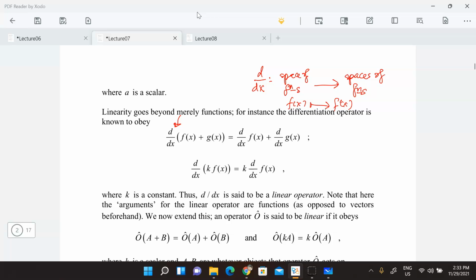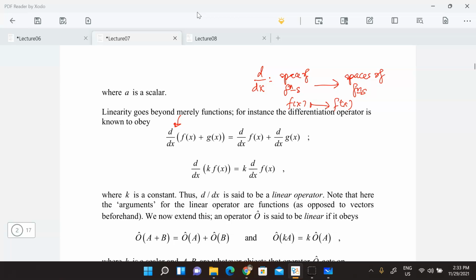Now this operator in itself is a linear operator. Why? Because if you take the operator acting on an addition of two functions, it's the same as the differential operator acting on the individual functions, and then you add them up. Similarly, if we take a scalar, the scalar is usually a constant, so your scalar goes out, and then you have your derivative acting on your function f.